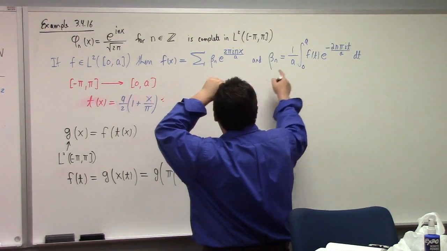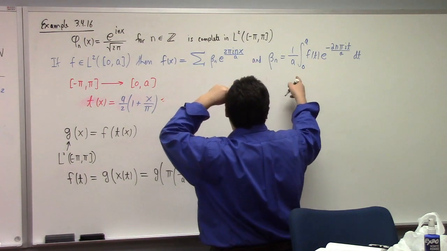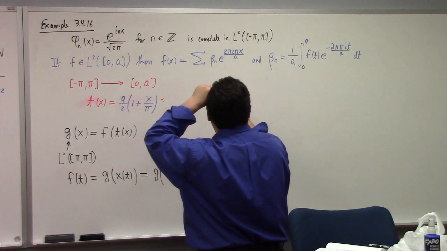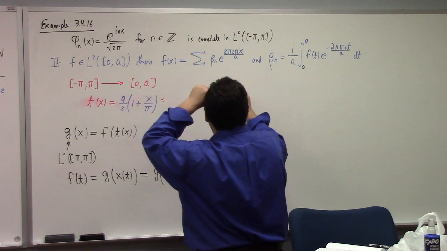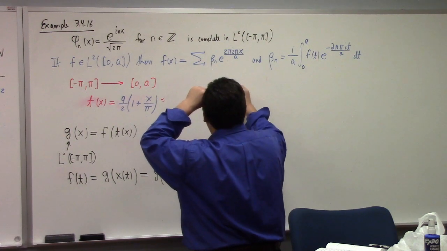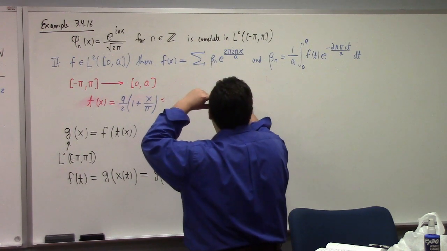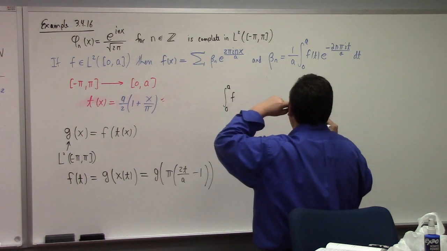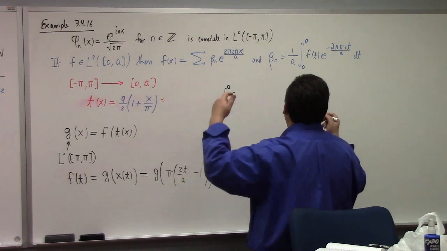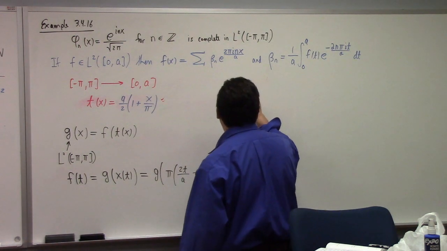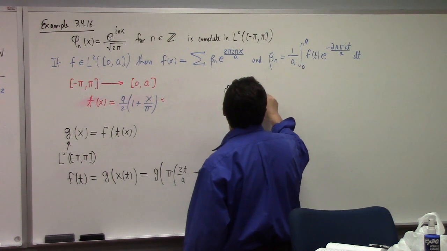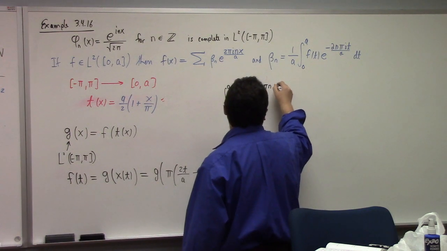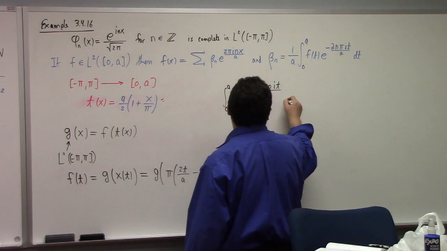So let me start with this thing here. We're talking about the integral from 0 to a of f of t, e to the minus 2 pi n i t over a dt, right?